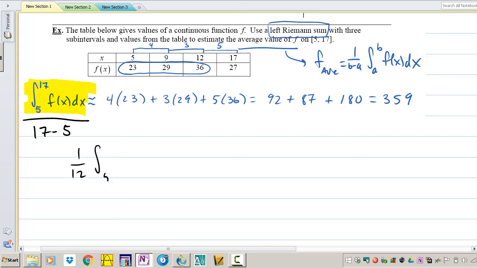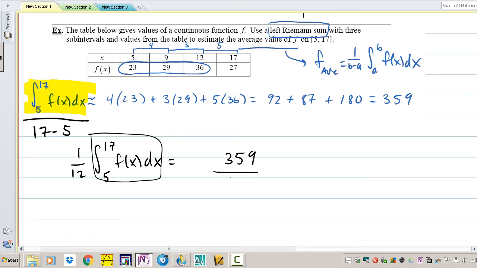I put it in front of the integral of the area under the curve, which we already know is 359. So we take 359 and divide it by 12, and that is 29.9167.